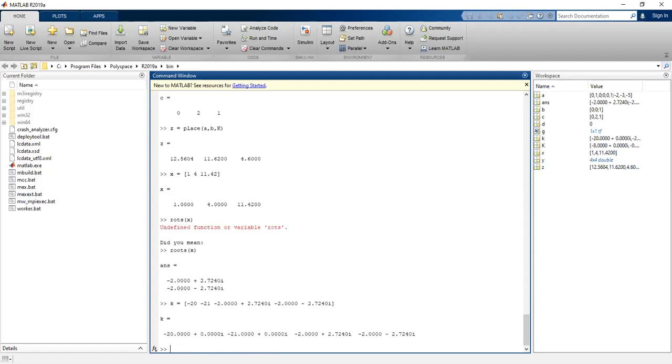All right. So now we're going to put in our A. A is equal to, I shouldn't call it K now, it should be P. But anyhow, you understand what I'm saying. So A is 0, 1, 0, 0.